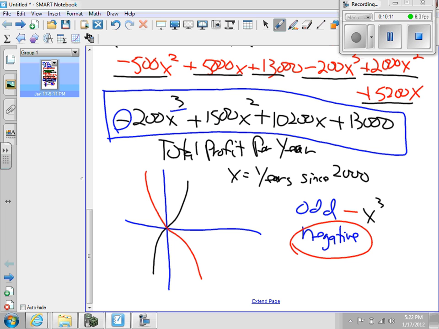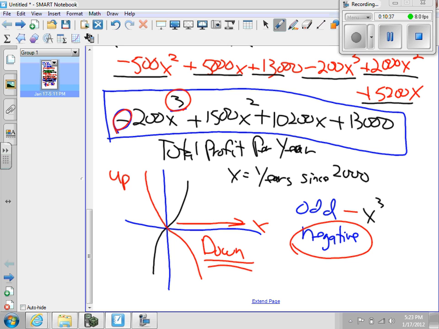Well, this graph is of an odd highest power. The leading coefficient is negative. That means I'm going to have an up, down end behavior, which means that over time, and time is our x-axis, our time is going this way, it means that over time, our profit is going to go down.